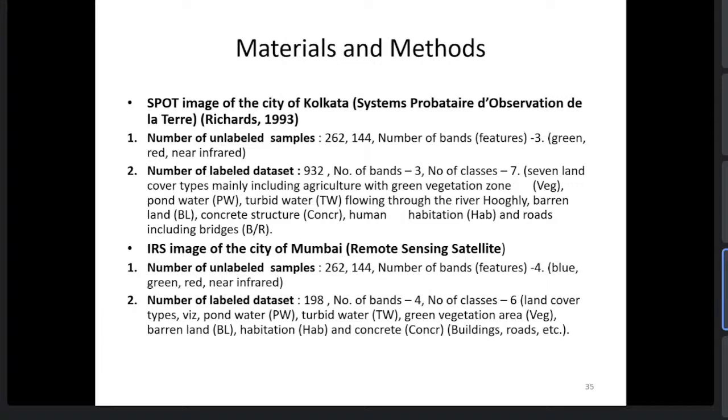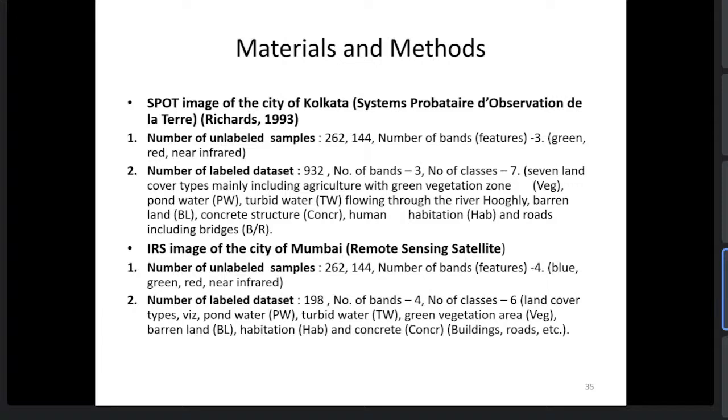Now for the classification of these samples, the work is based on a remote sensing image. The number of labeled samples is 932. These 932 samples are taken from this huge number of samples, and their classes are determined by a human annotator.